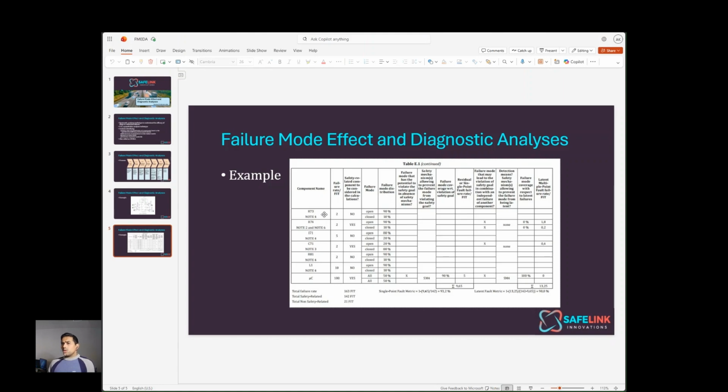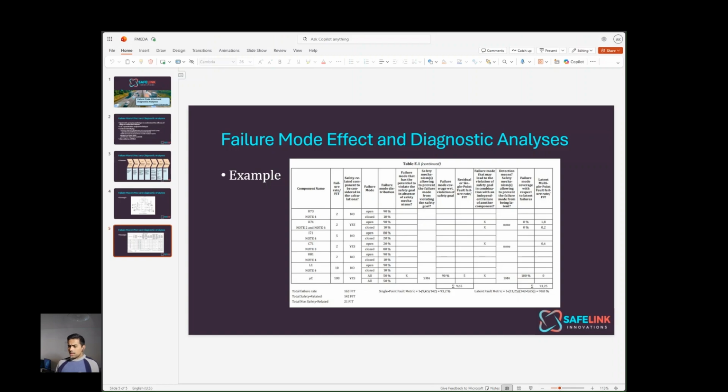In this case, we'll have to use certain databases to estimate the failure rate. A couple of examples of these databases is IEC 62380. Alternatively, the military handbook can be used if the applications are for military applications.